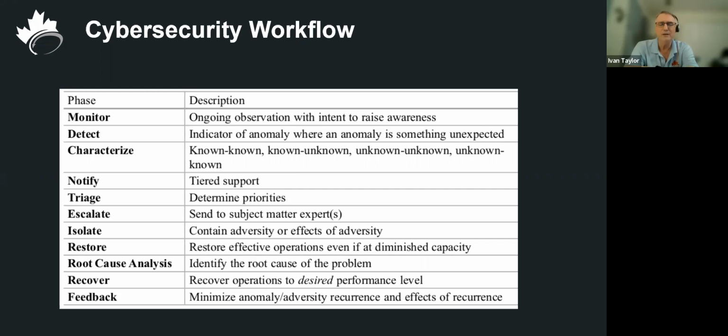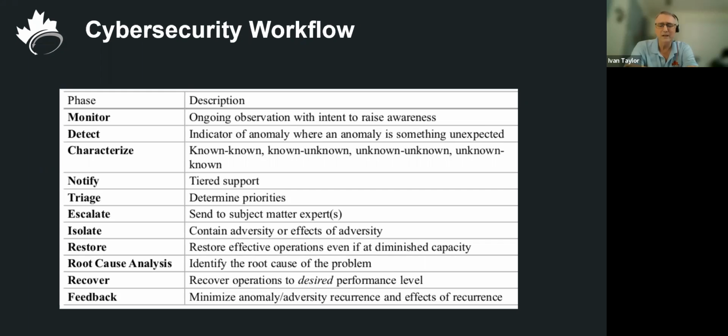Then you do a tiered triage. You try to identify whether this anomaly needs to be handled immediately, or whether you can isolate it, quarantine it, and then look at it with a little more time.